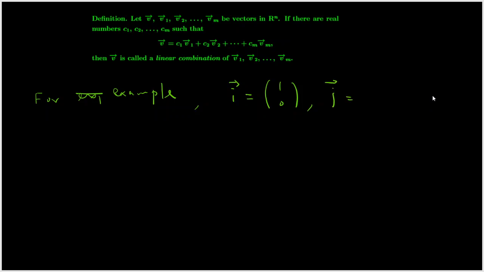J is the vector with the first component of 0 and the second component of 1. I will give you one other vector. So now let's say the vector V, the vector with the first component of 1, the second component of 2, to make it simple. These are the 3 vectors in R2. These are the 3 vectors with 2 components, right?